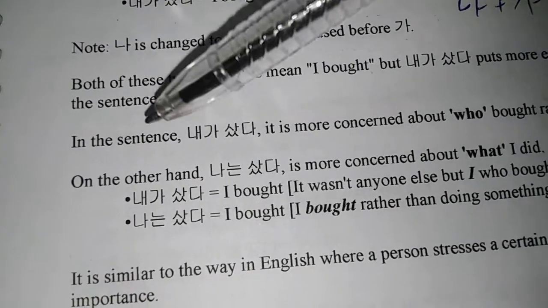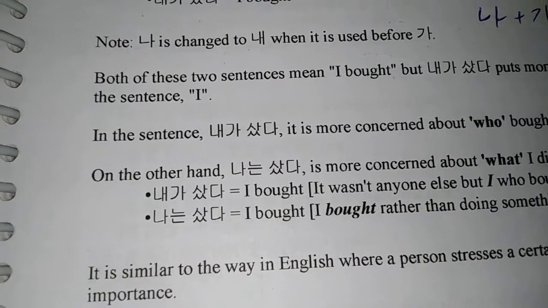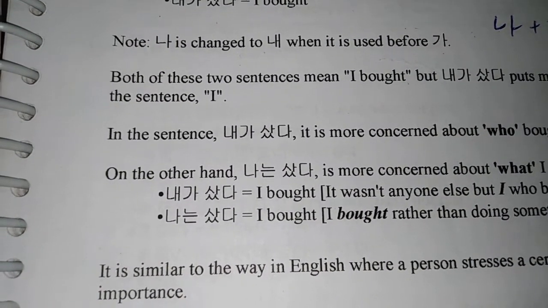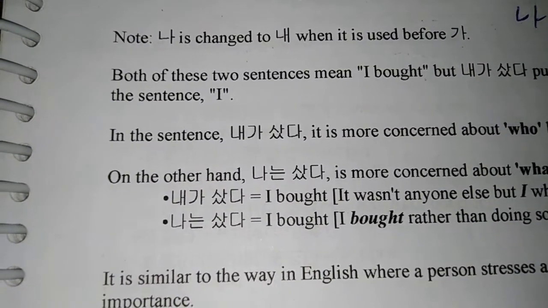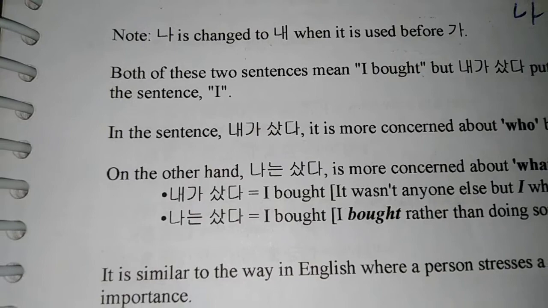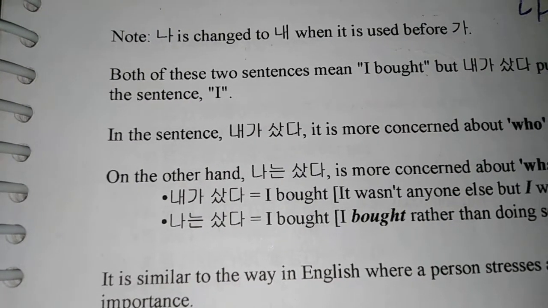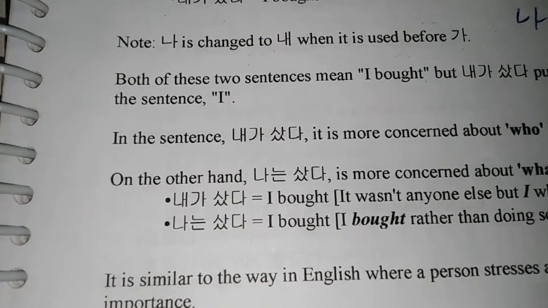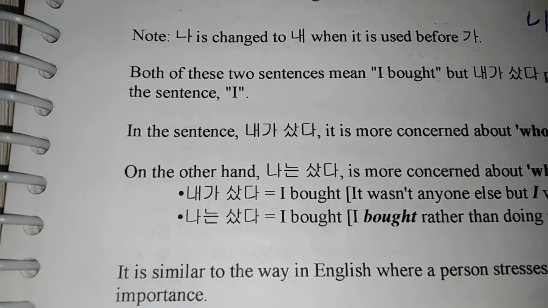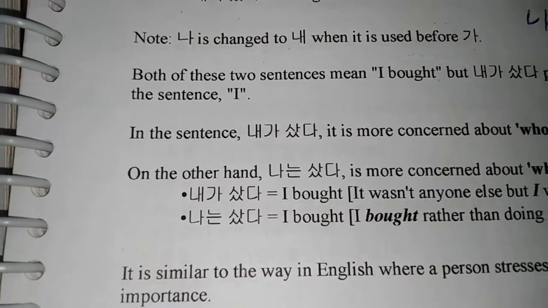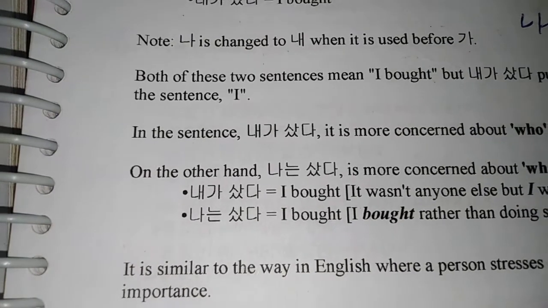So when we say nega satta, we are saying that it was me who bought, not anyone else. When we say nanen satta, I bought that rather than doing something else. So I hope you understand the difference. In nega satta, we are giving all the importance to na. In nanen satta, we are giving all the importance to the action there, the satta.